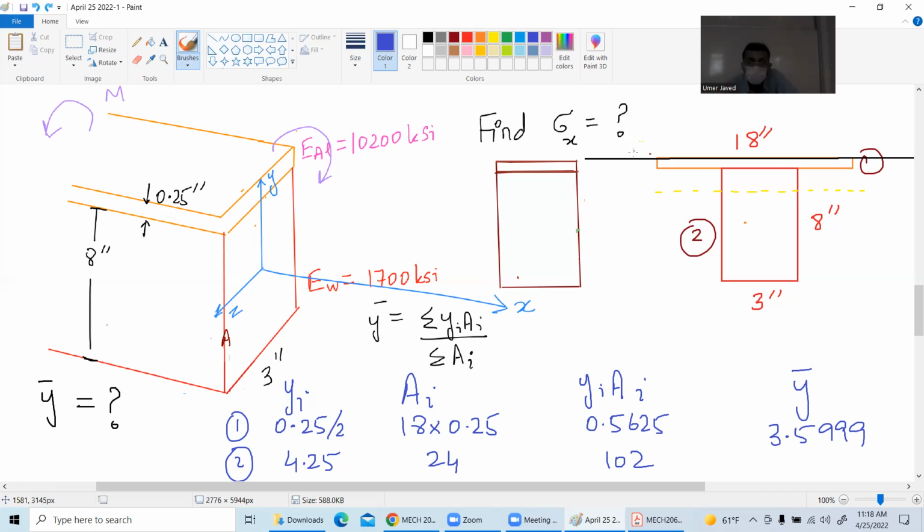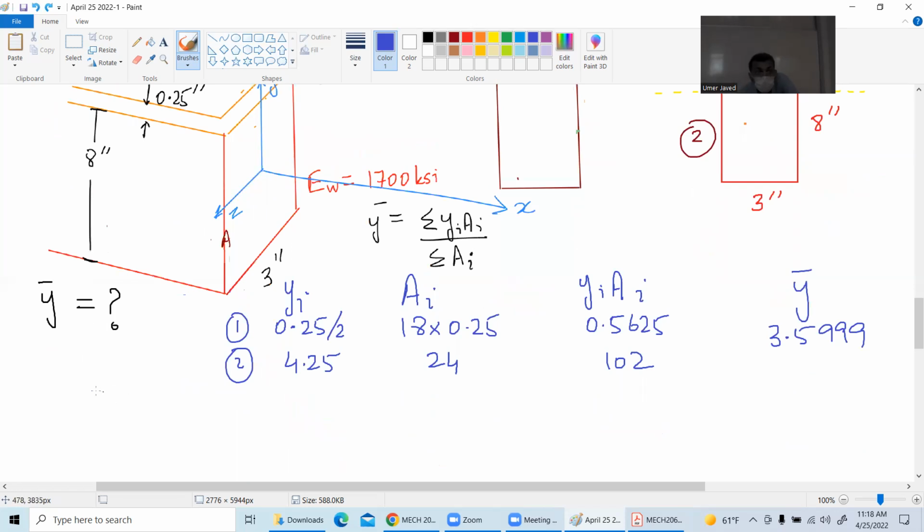Now that you have calculated this, you will calculate your IZ. This is your D, and this is your II. Let me use a purple color from here. I plus AI DI squared. So this is your 1, this is your 2. This one will be 0.02344.